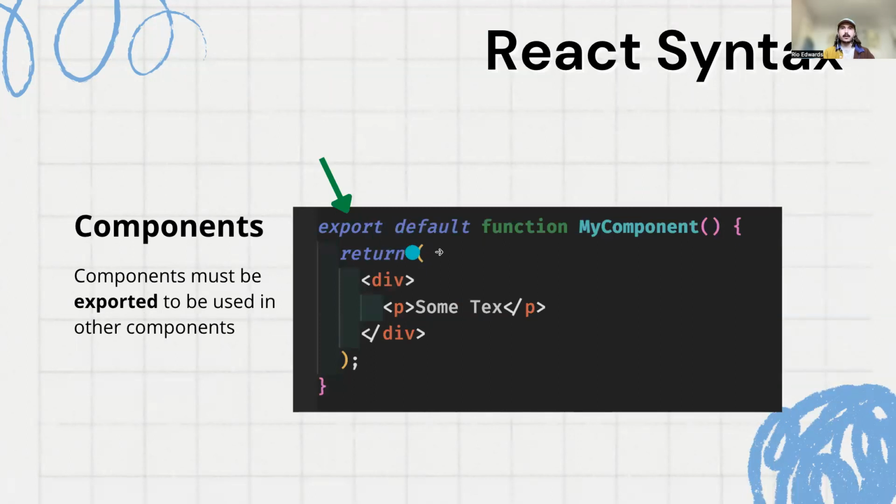You can have multiple different exports in the same file, but we're just going to say this is the default export, and we're not going to worry about exporting any other things in this file. This is what allows React components to be reused throughout your app: you have one component that you specify, then you export it, and then you can import it and use it in many different files.